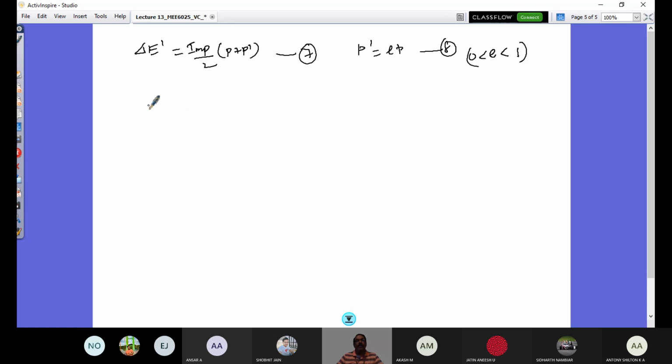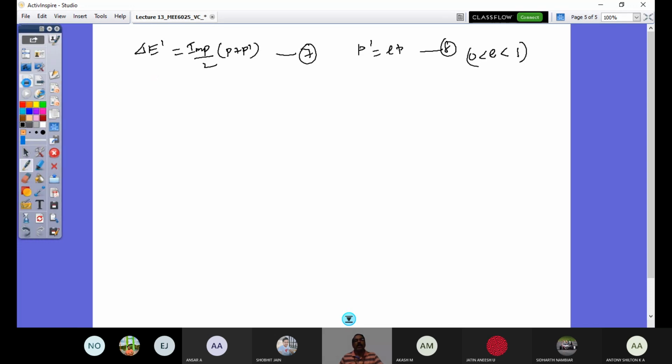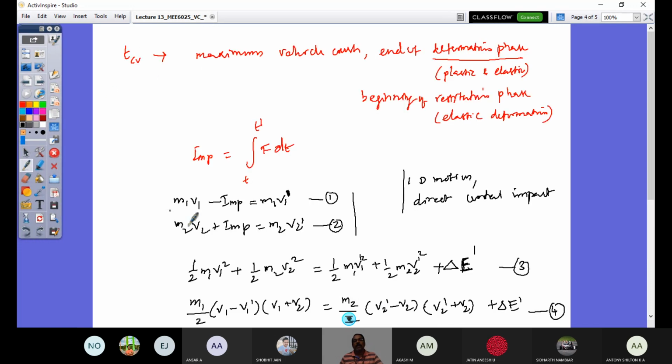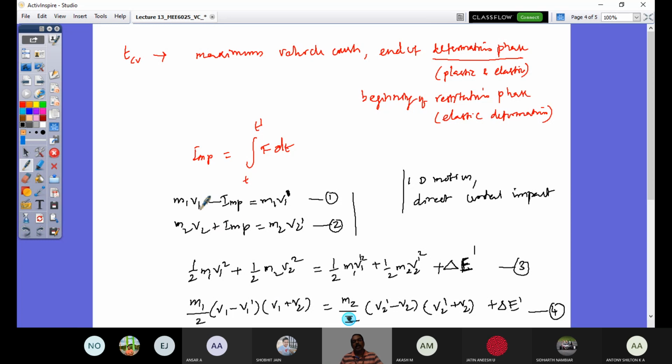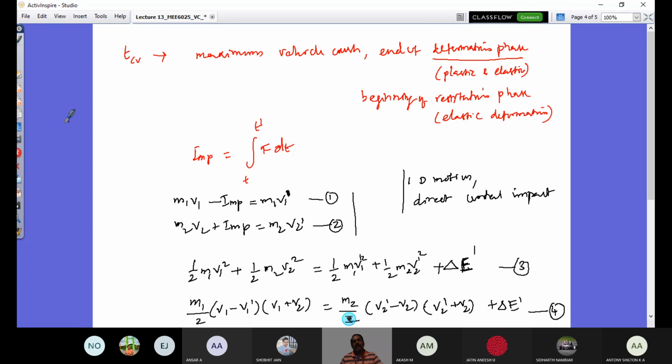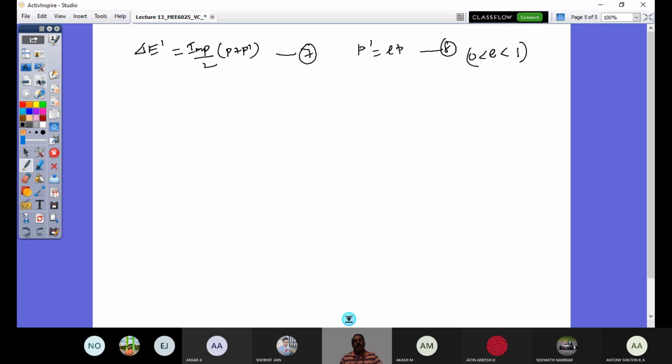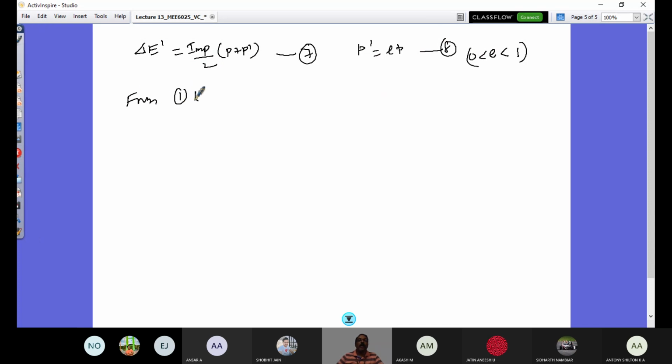Let's take equations 1 and 2 again. Equation 1 is the application of the impulse equation: initial momentum plus impulse is equal to final momentum. So equation 1 would give me the velocity V1, and equation 2 I will write for the velocity V2. From equations 1 and 2 I will get V1.